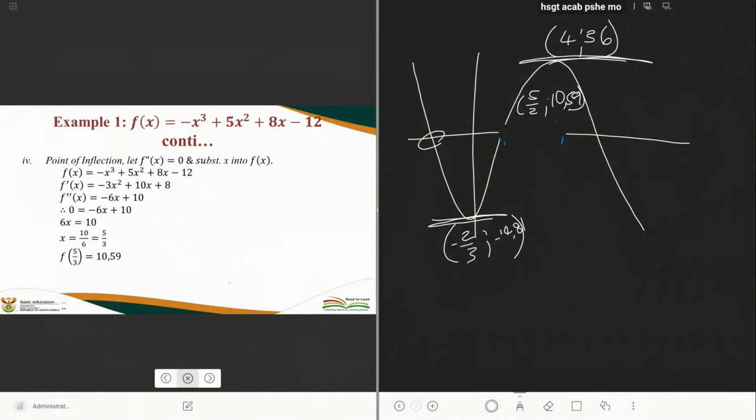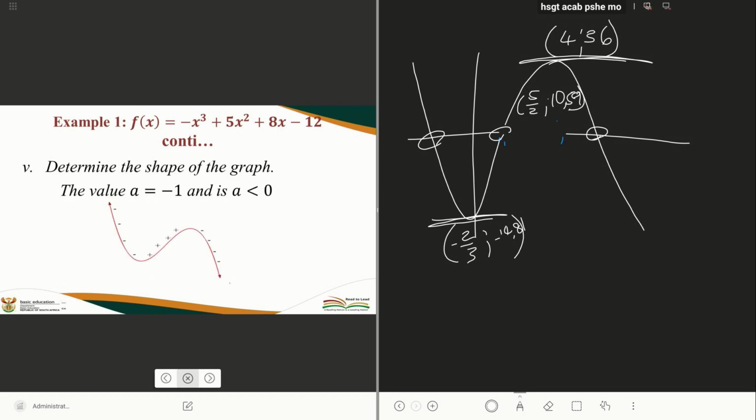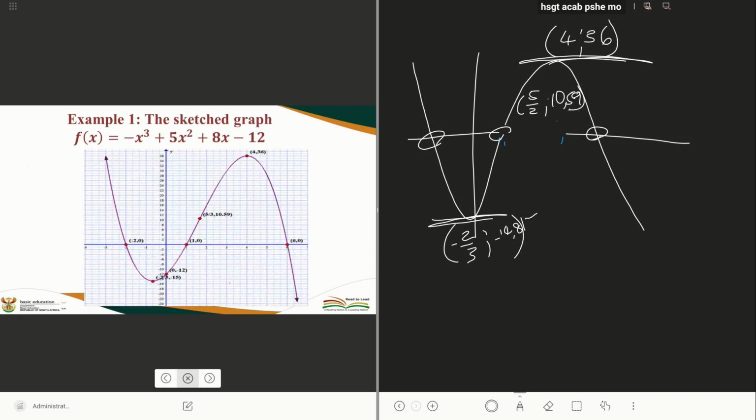I got my x-intercept, I got my y-intercept, and then let's check the point of inflection. You agree with me that since the value of a is negative, my graph will start by going down, go up, and go down. Those signs refer to our gradient at a given point. So then there is our sketch.